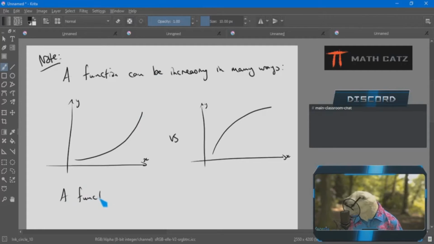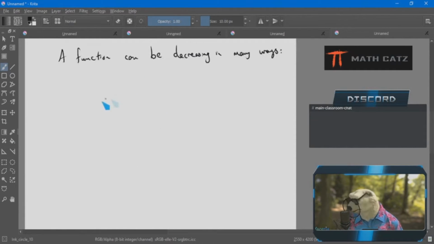A function can be decreasing in many ways. My writing is not very good today. I apologize. Is it ever good? No. If I look at decreasing, I have a similar issue.